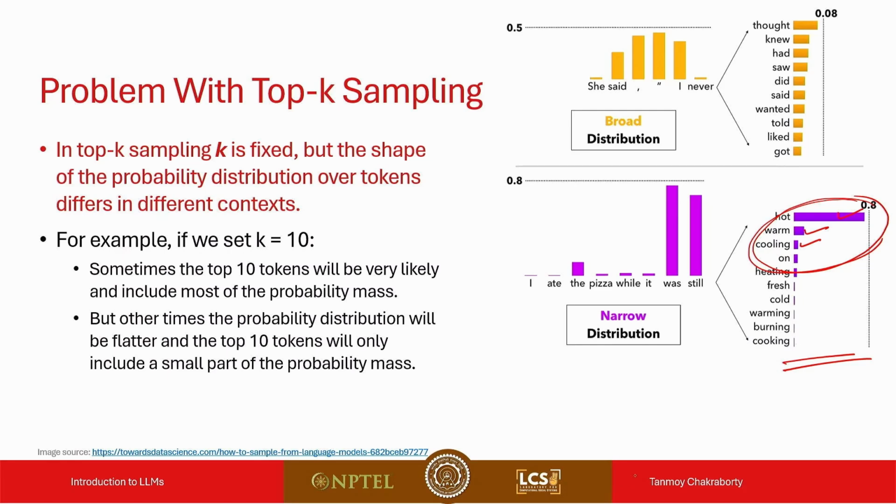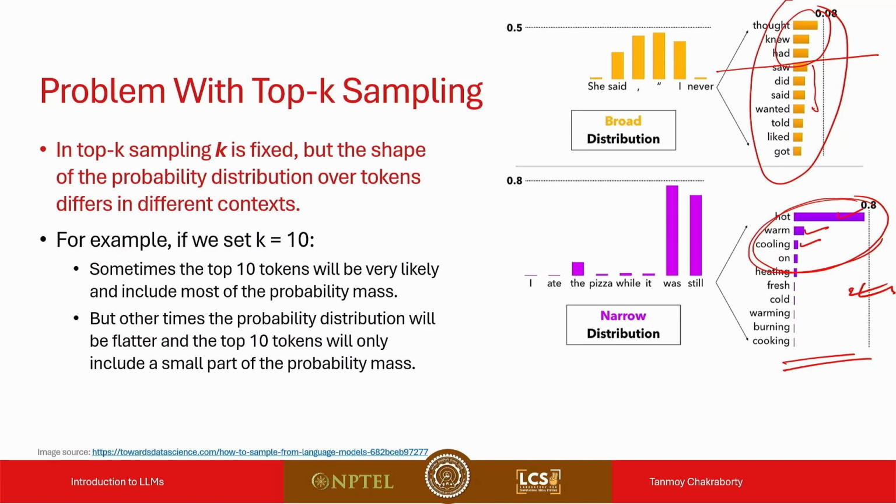If you have a distribution like this, then top k makes sense. Whereas if you have a kind of uniform distribution like this, and you fix the value of k as 3 or 4, let's say k is 3, you would end up choosing only 3 words for your candidates. And the remaining words are also equally likely because they have similar probabilities. So in this case, top k doesn't make any sense.